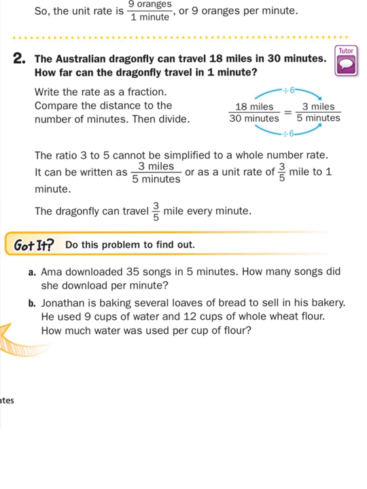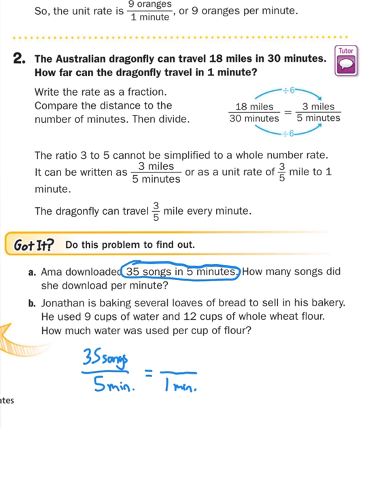Remember, our first step, we're going to take that rate and write it as a fraction. So 35 songs for 5 minutes. Okay? And it says how many songs did she download per minute. Now that per minute, remember, means per 1 minute. So we want this denominator to be 1 minute.